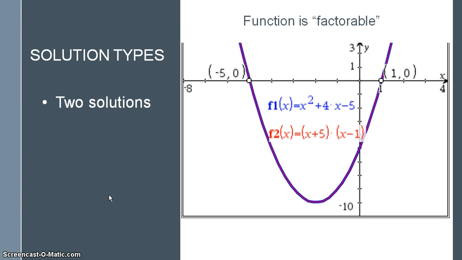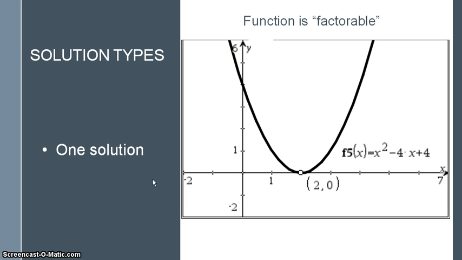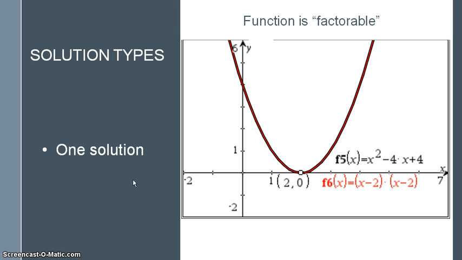So that was two solutions. There can also be one solution. So notice the function, and the one solution here touches the x-axis at 2, 0. The factors here are x minus 2 and x minus 2. Again, negative 2 times negative 2 is the positive 4, and then negative 2x and another negative 2x make negative 4x.